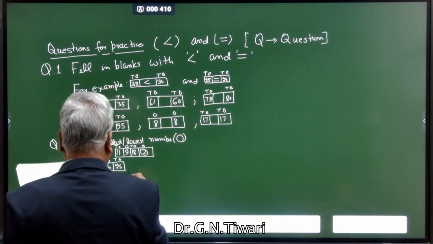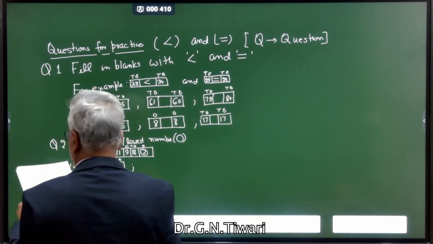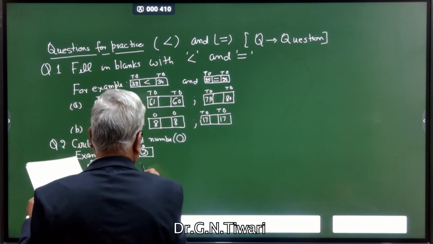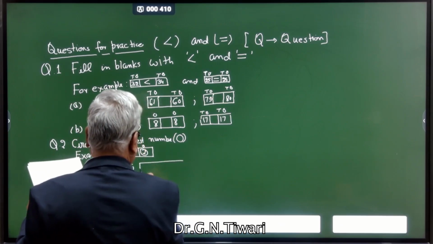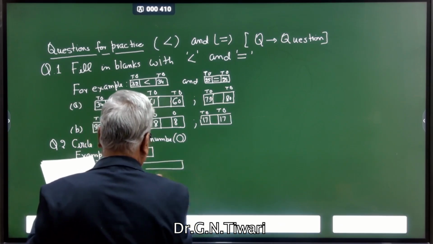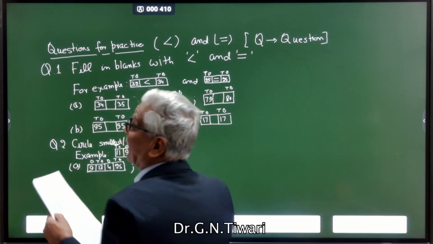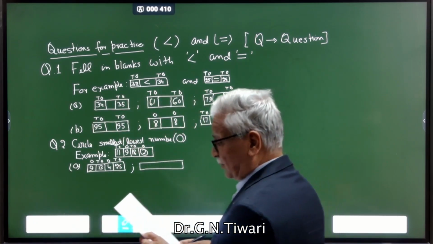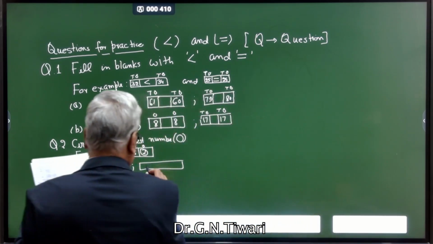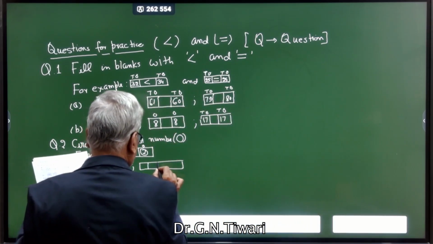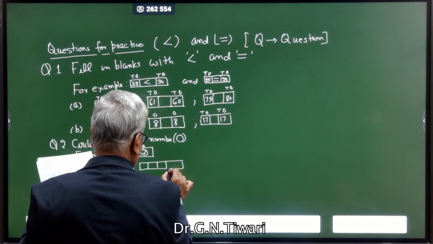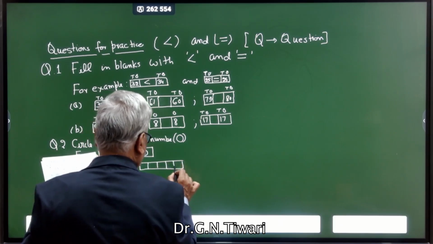The second question, again make 4 blocks. You can make 5. There is no problem. Then 1, 2, 3, 4, 5.